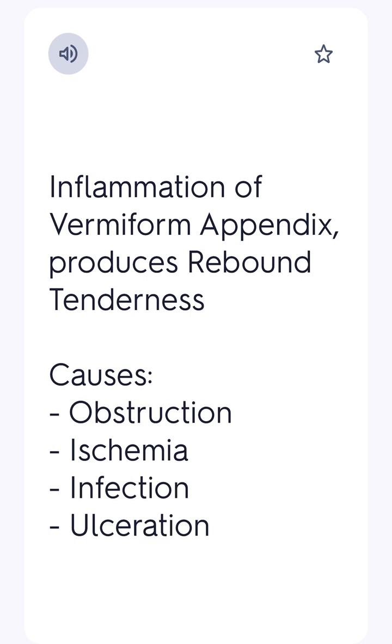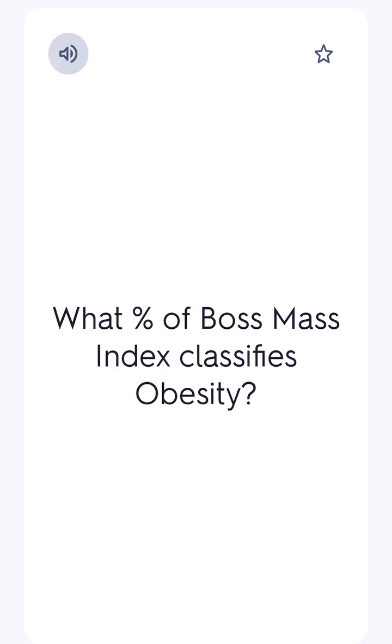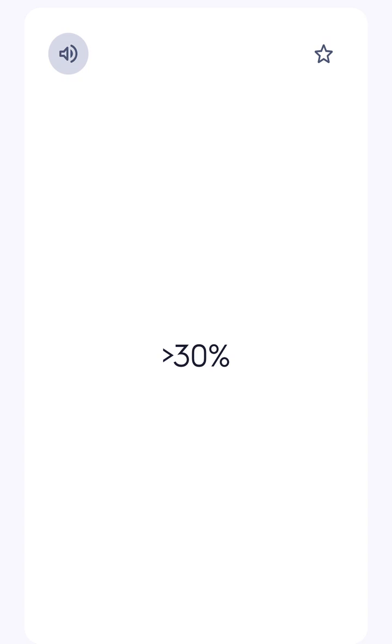Inflammation of the vermiform appendix, produces rebound tenderness, causes obstruction, ischemia, infection, ulceration. What BMI percentage classifies obesity? Greater than 30%.